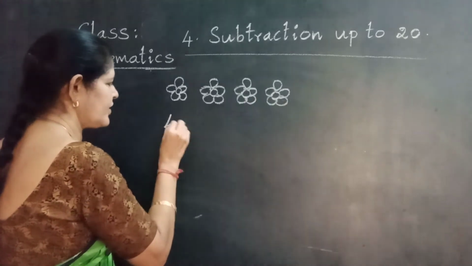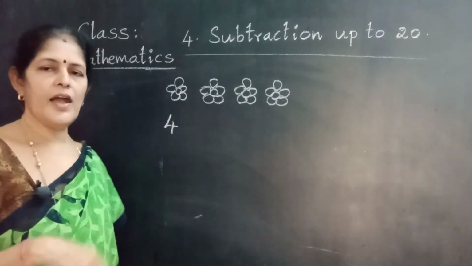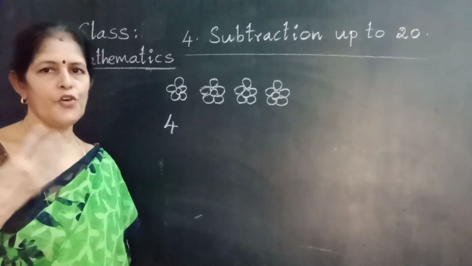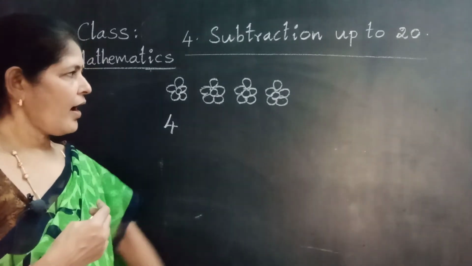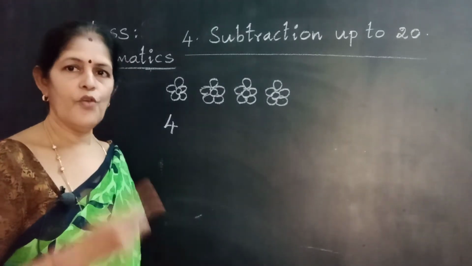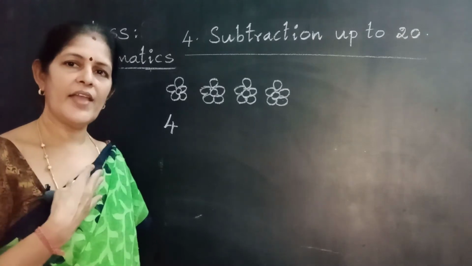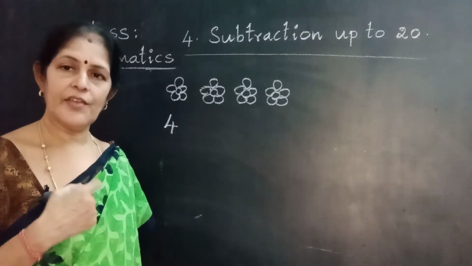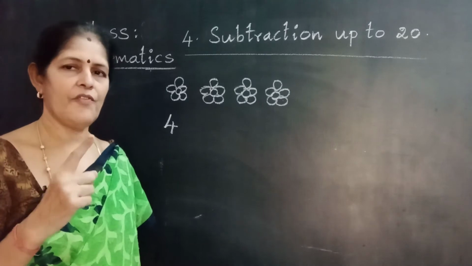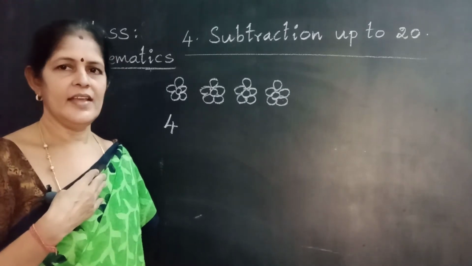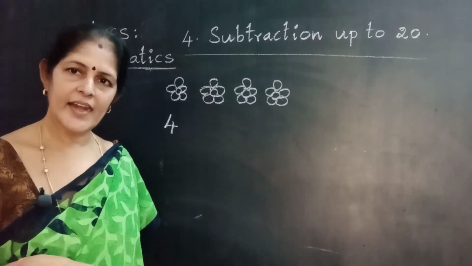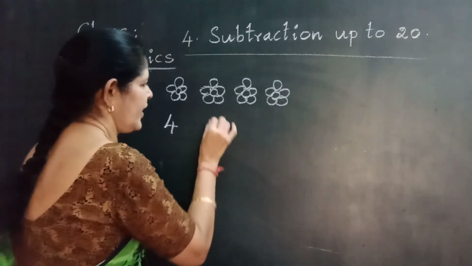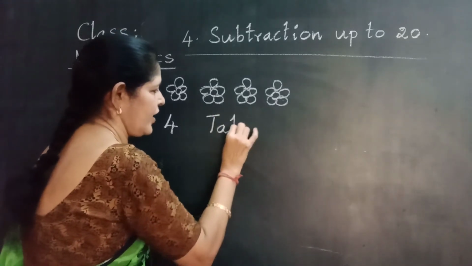How many flowers did I have? 4 flowers. I want to give 1 flower to my friend. I have given away 1 flower to my friend. That means how many have I taken away? 1.